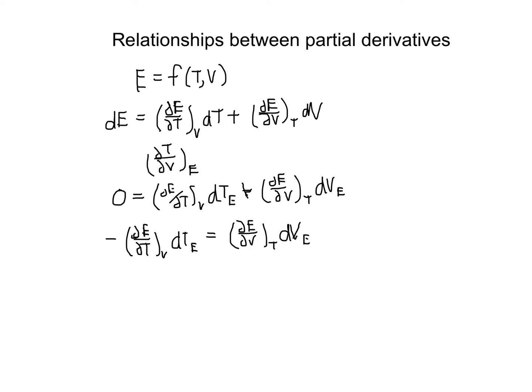So we can further rearrange this equation, treating the differentials as algebraic quantities, to get the partial of temperature with respect to volume at constant energy. And when I do that division, I get a partial derivative because I've kept the energy constant.